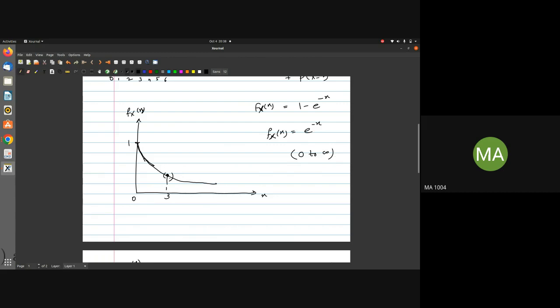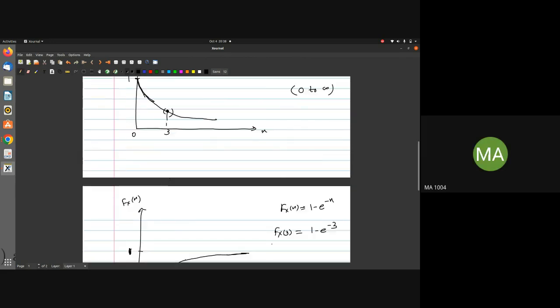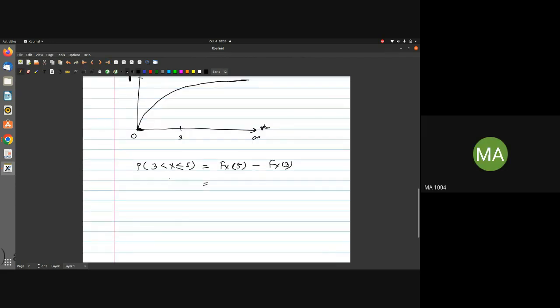Here there are no jumps, so the probability that x is greater than 3 and less than or equal to 5 is the same as the probability that x is greater than 3 and less than 5.